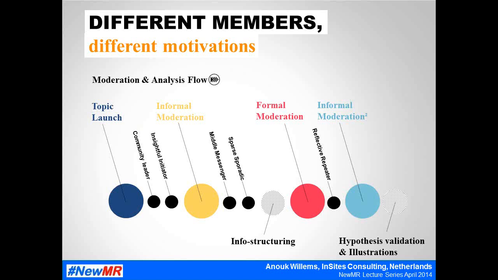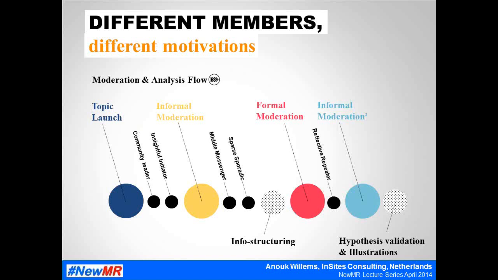So you now know the intervention moments. How does this relate to the 5 profiles? Well, a couple of tips to integrate them. First of all, give recognition to the community leader and the insightful initiator, and do this during the informal moderation.